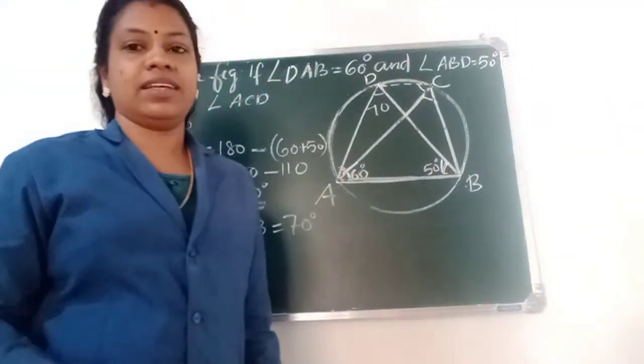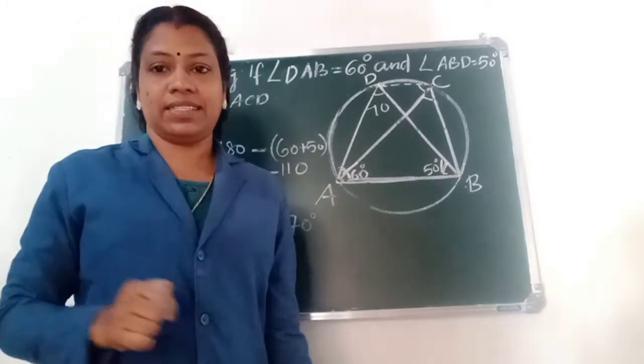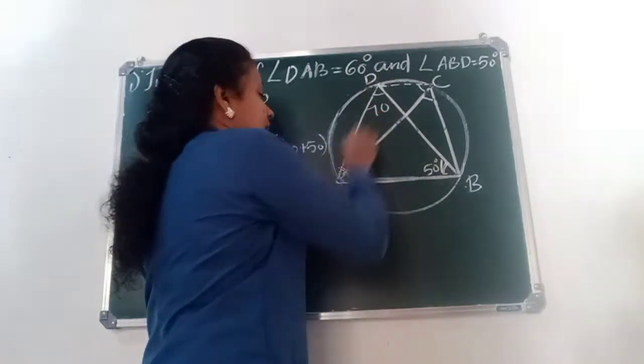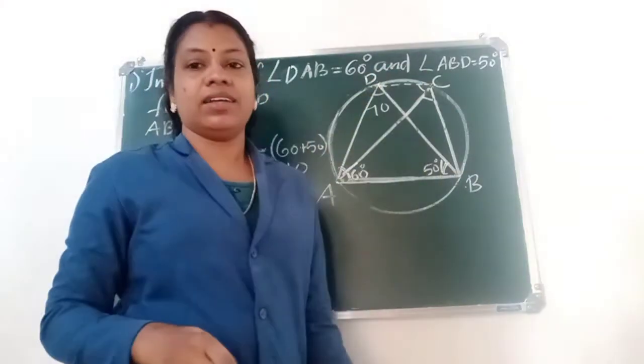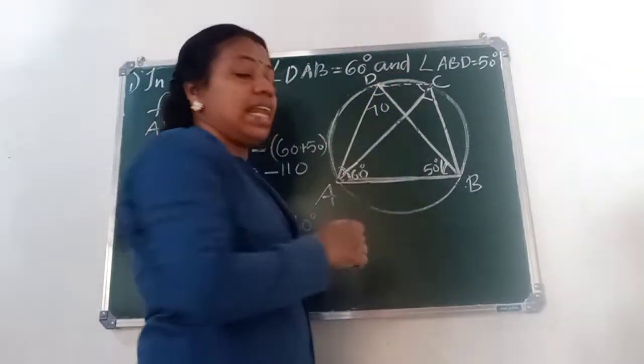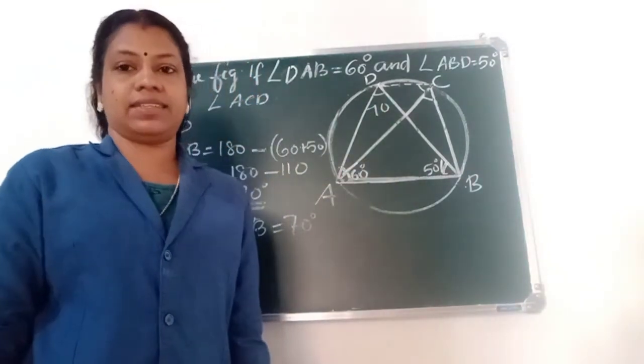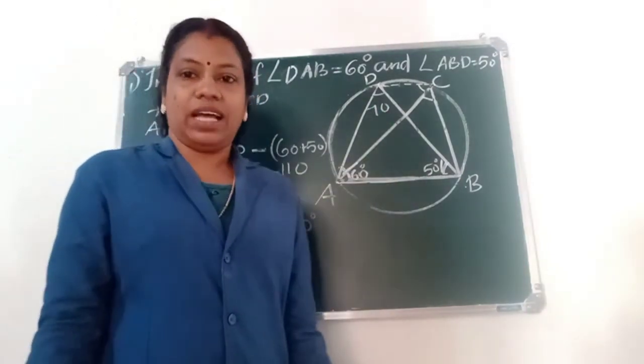Now we have to find angle ACD. Here we can apply the cyclic quadrilateral theorem, because A, B, C, D are four vertices lying on the circle, so ABCD is a cyclic quadrilateral.